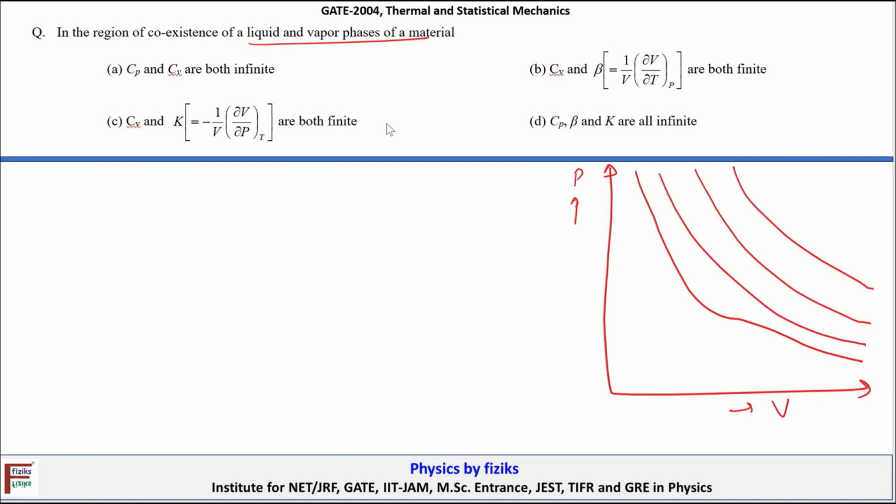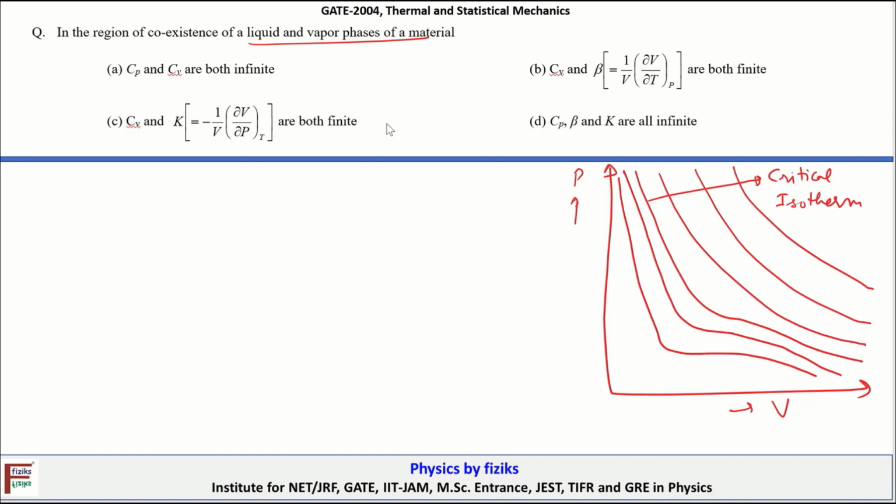Once the critical temperature is achieved, we encounter a situation something like this in the P versus v curve, and this temperature at which a point of inflection is noticed, we call such an isotherm the critical isotherm. If you further move below this point, this type of behavior is seen, where a flat region in the P versus v curve can be seen, and when you join all these points, we obtain a situation like this.